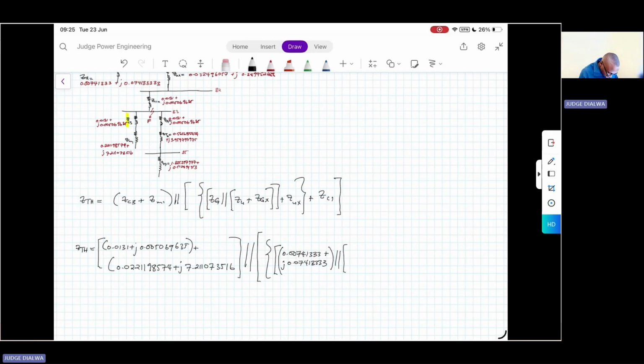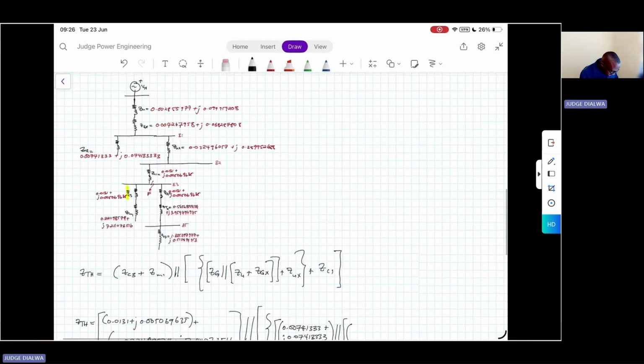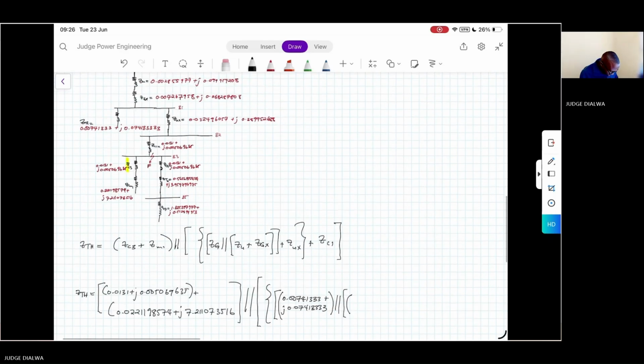So the impedance of our utility grid, as you see from my impedance diagram, is 0.002855977 plus j 0.099959208.